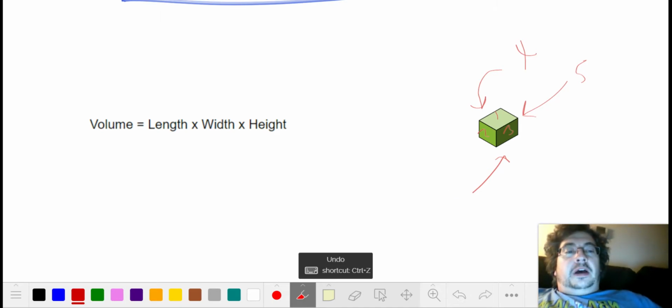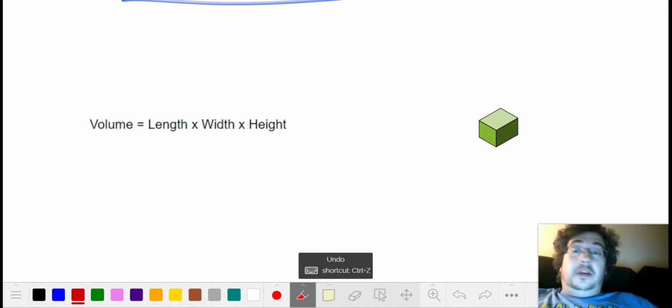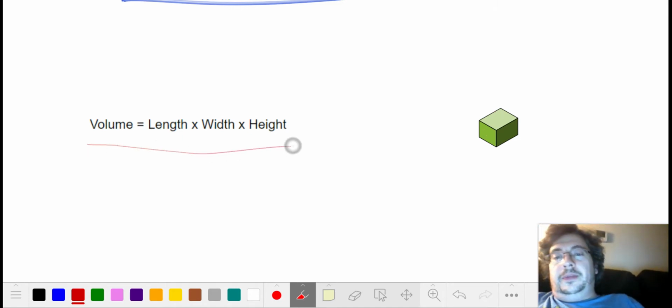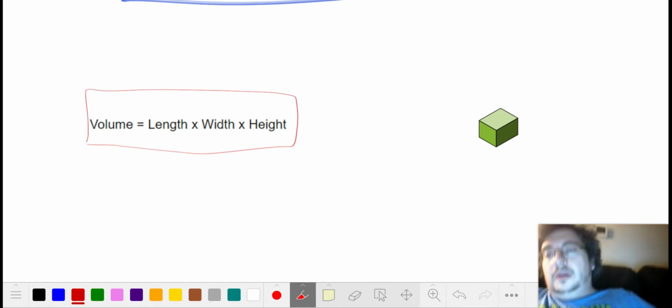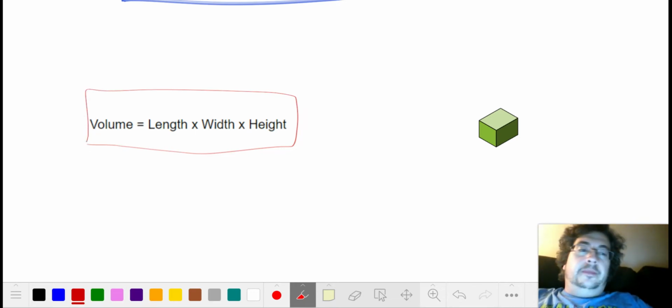So we can find the volume of an object like this using this formula here. Length times width times height.